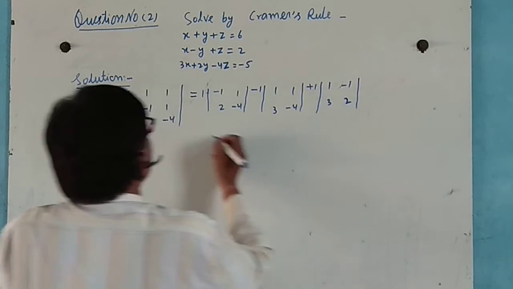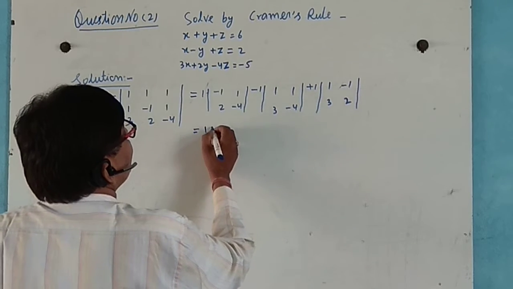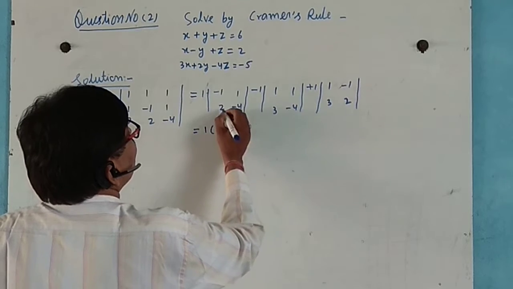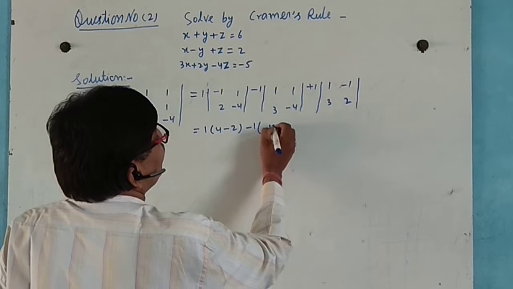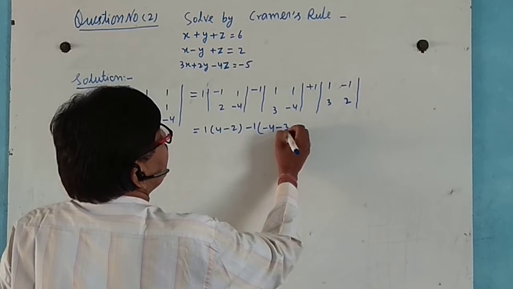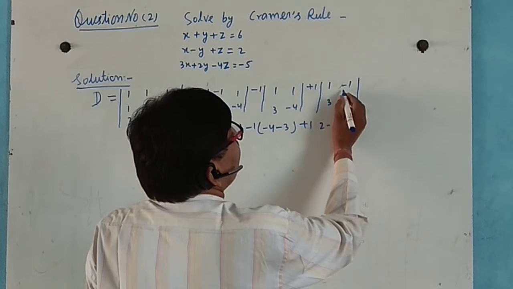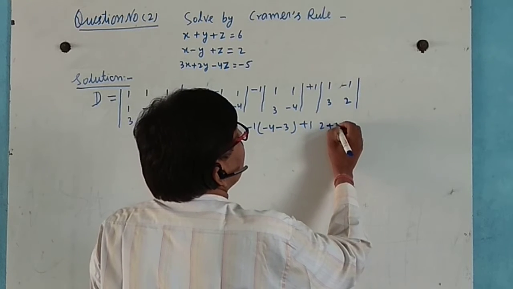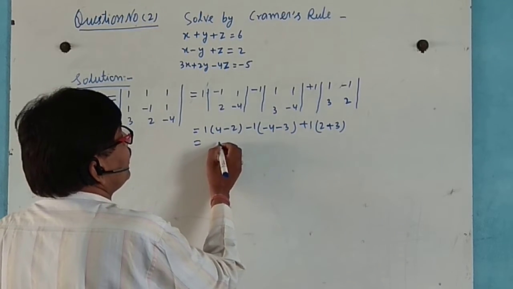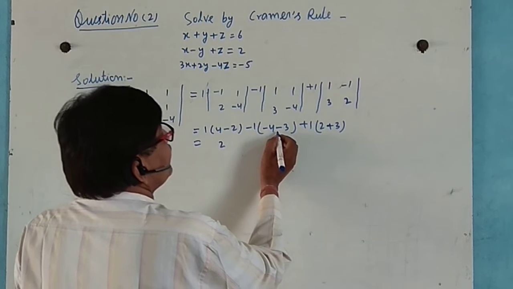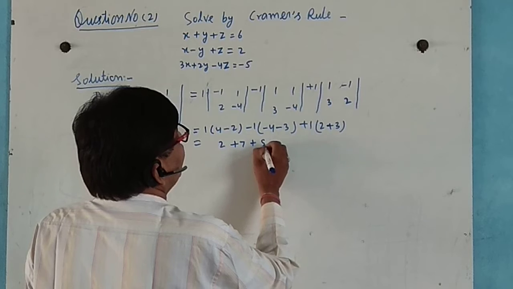Now, 1 times 4 is 4 and 4 minus 2 is 2, minus 1 times 4 minus 4 and minus 3 is minus 7, and plus 1 times 2 plus 3 is 5.